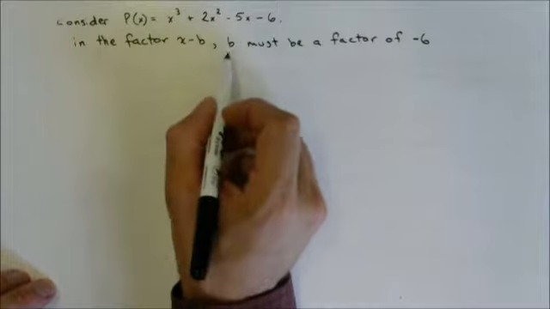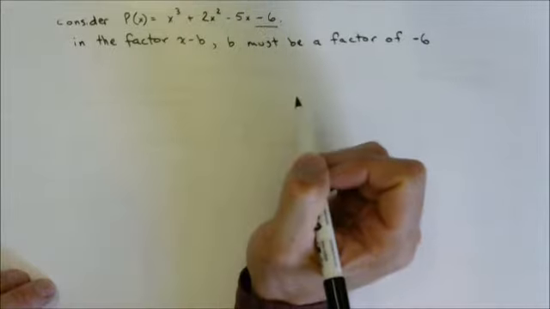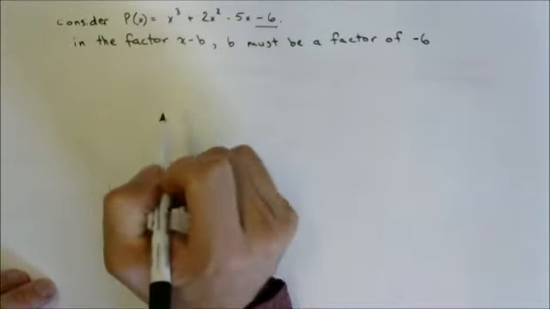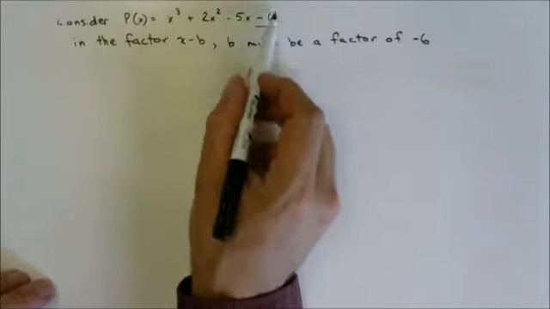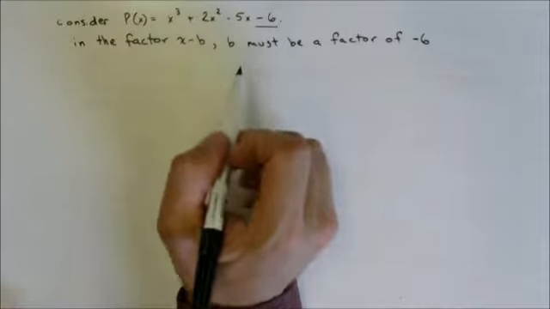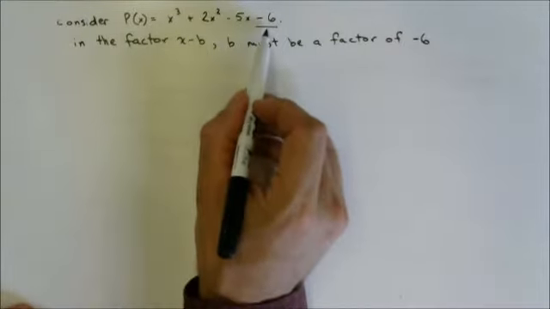So all that we're going to do when we're testing values of b is test factors of -6, because the constant term in each binomial is going to be multiplied together with the other constant terms. It's going to result in -6. So the constants in each binomial have to be factors of -6.